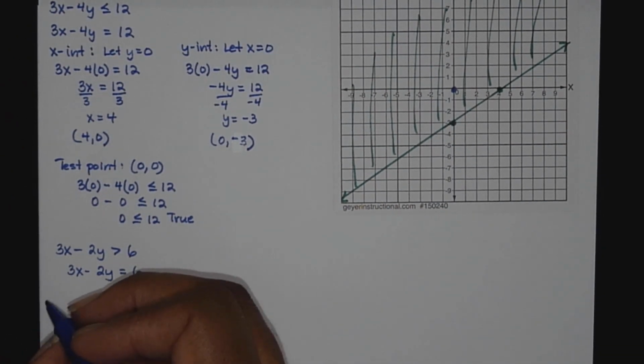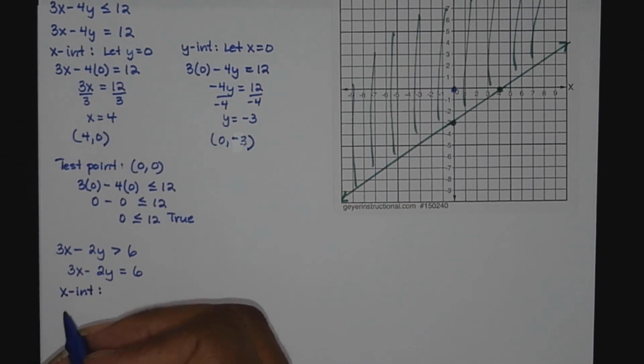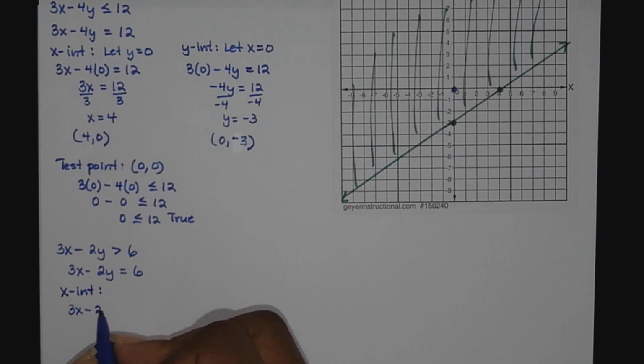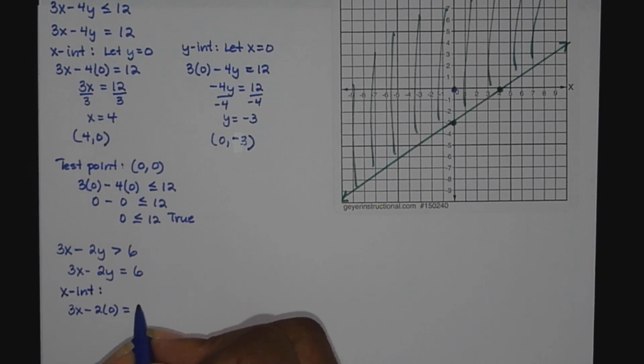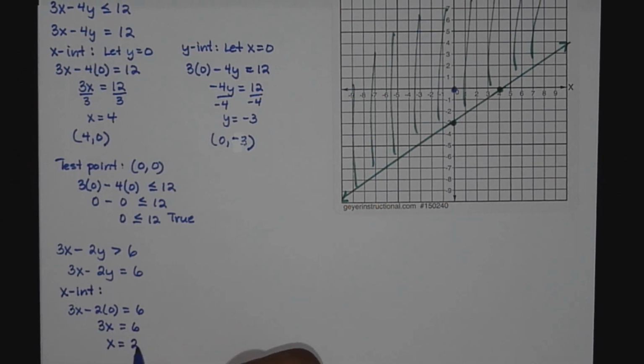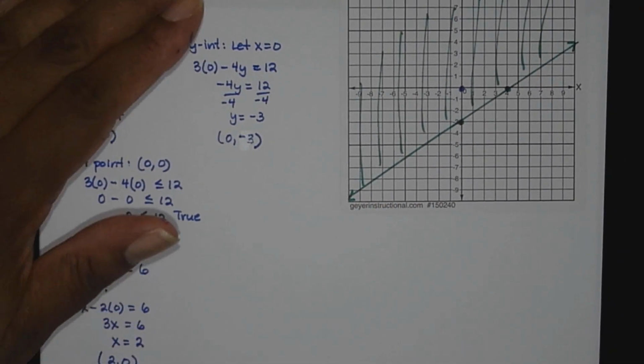So for the x-intercept, of course you let y equal 0, so that means I'm going to have 3x minus 2 times y is 0. That's equal to 6. Well, 2 times 0 is 0. That's going to leave me with 3x is equal to 6. x has to be equal to 2. So 2, 0 is my x-intercept.